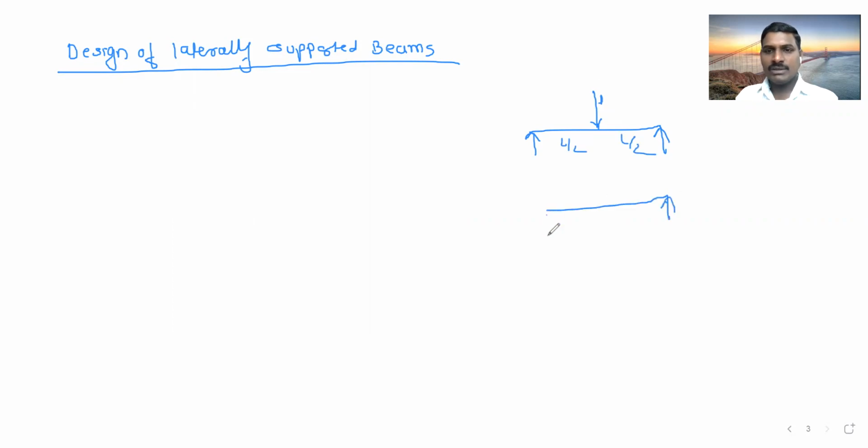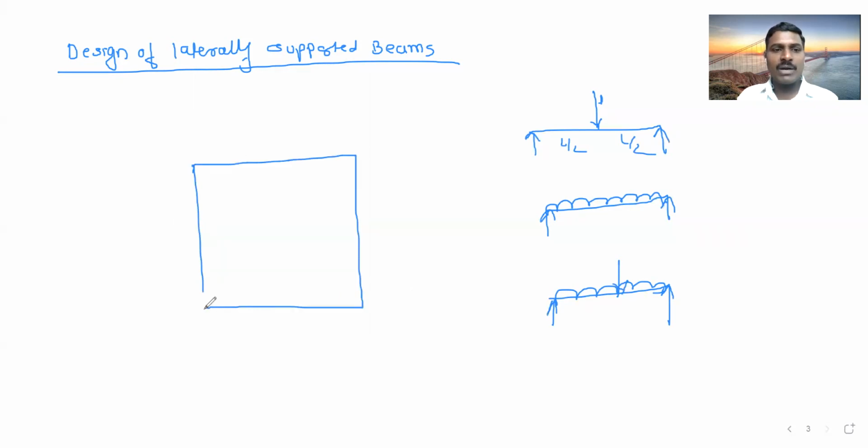The second condition will be uniformly distributed load, and in the third condition there may be a uniformly distributed load or point load, a combination of both. So see, this is the plan of a building. These are the main beams, MB. These are the SB. All these external beams are the main beams, MB.